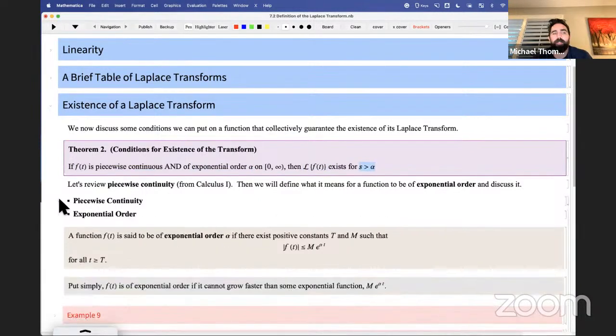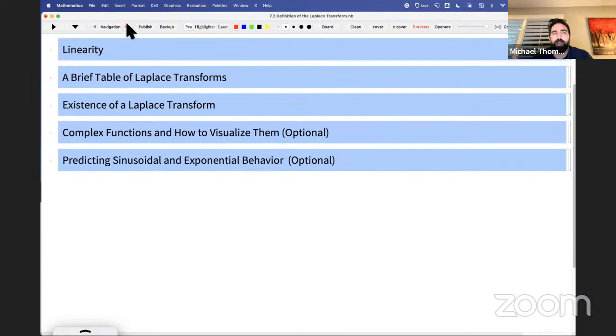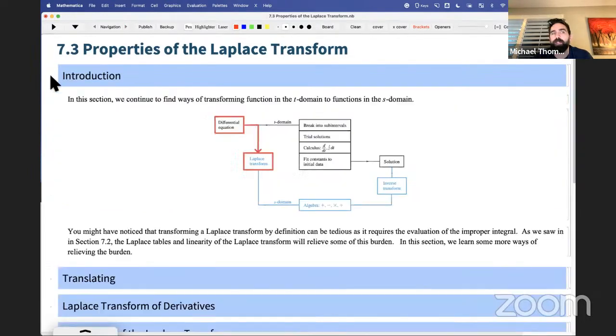That's where we finished off last time. If you're interested, here's some more theory. Today we're going to talk about properties of the transform, and it's still the same goal: to transform functions from the T domain to the S domain. But there's a lot of stuff that we still need to work on.